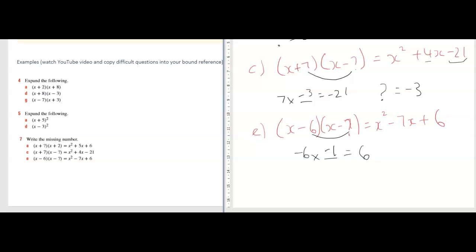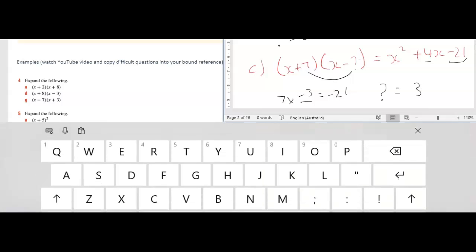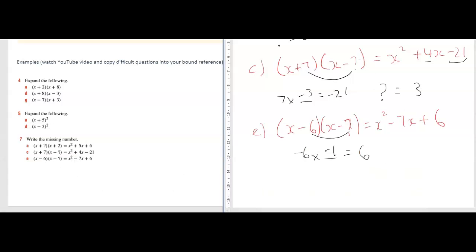But because there's already a negative in there, oh, there was already a negative in that one too. So that probably should have been, sorry, that's my bad. That should have been a positive. And I'm just going to make sure that's right. Yes, because there was already a negative in the question. So that's my bad. So your unknown is 1, because there's already a negative here. I don't have to add a negative in.